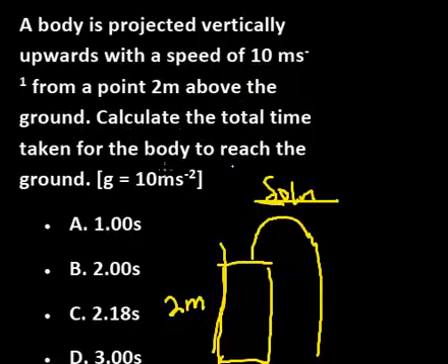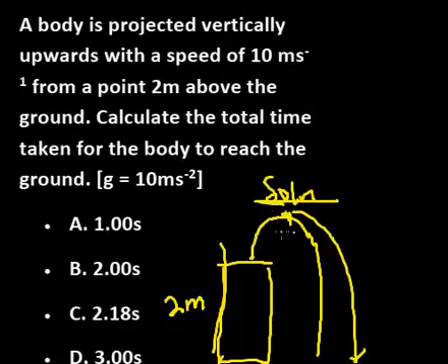So the total time is the time of flight. The first time we're going to look at is the time it takes for that body to reach the maximum height, and then the time it takes from this height to reach the ground. So first of all, let's evaluate the time it takes for the body to reach the maximum height.